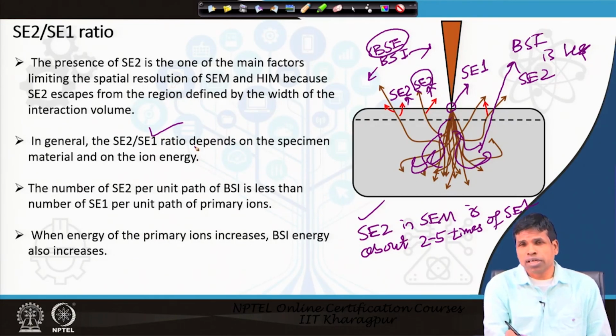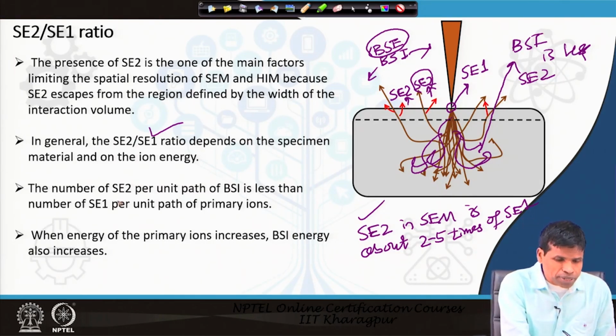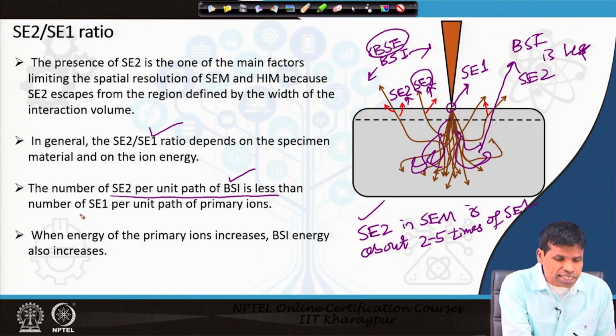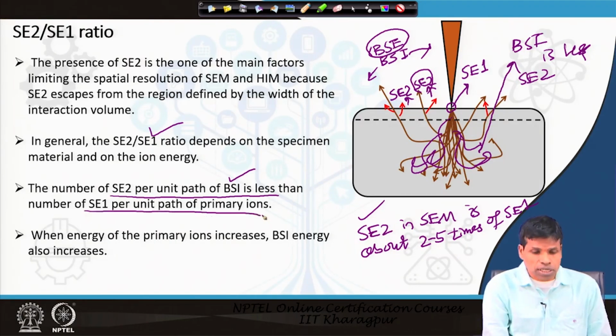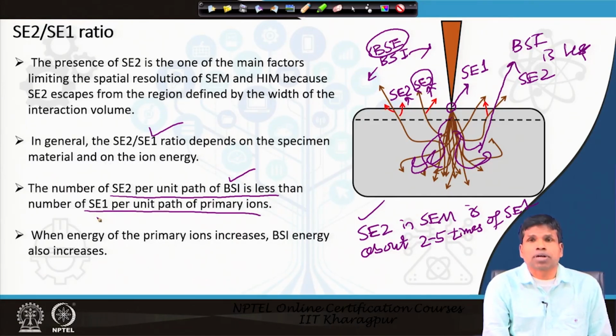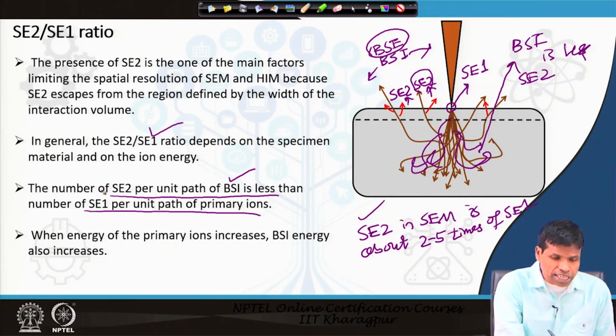The same thing here: as we increase the atomic number in the material, the backscattered ions or electrons also increase. Again, the number of SC2 per unit path of a backscattered ion is less than SC1 per unit path of primary ions.